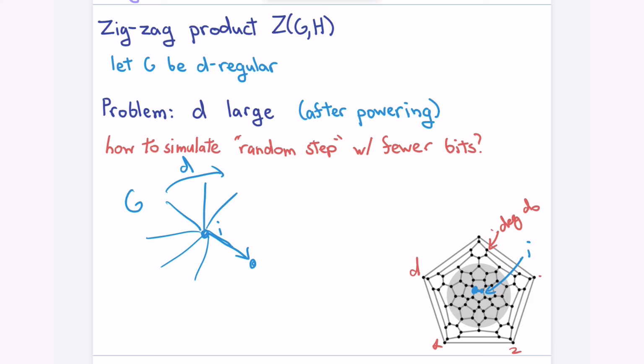Okay? And now, for your next choice, right, you're here, your last choice was this one, and now you're going to move to another vertex like this one, okay, and this will give you some index J. Okay, this thing has D neighbors, there's D of them, and one of these is number J, and you're going to go there.